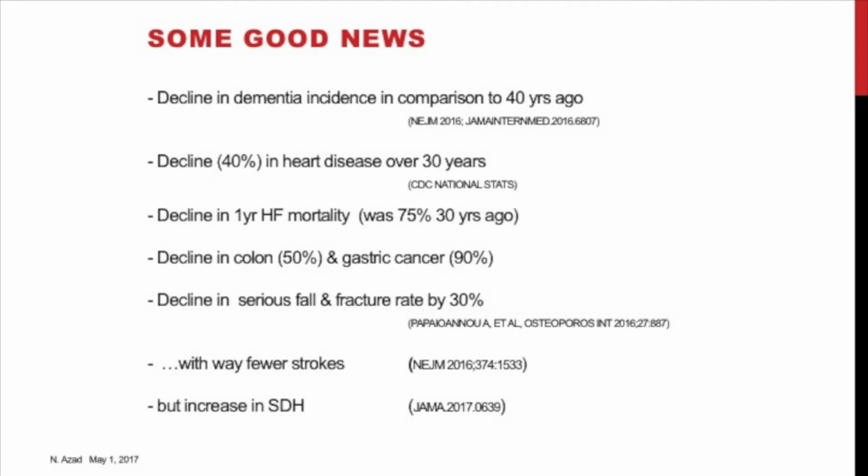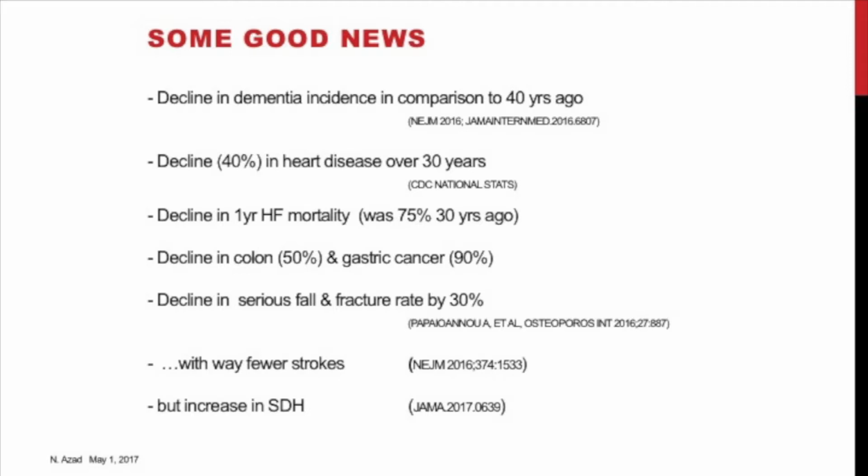But compared to 40 years ago, the incidence is actually going down, reported in both the New England Journal of Medicine and JAMA. That's very impressive, maybe because we are doing better treatment of hypertension and diabetes. Definitely heart disease is coming down over the last 30 years, quite impressive.